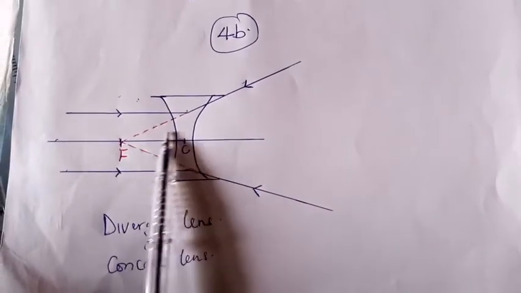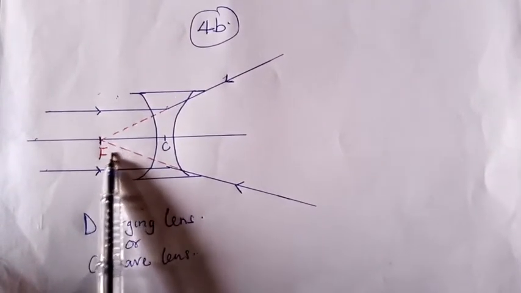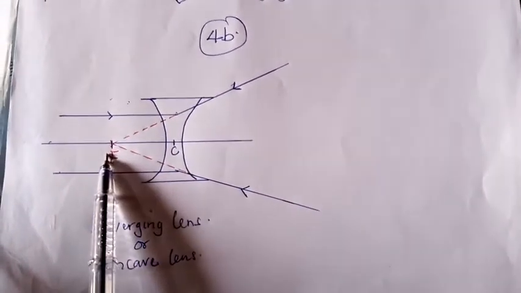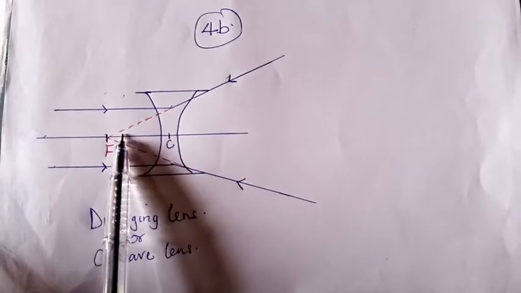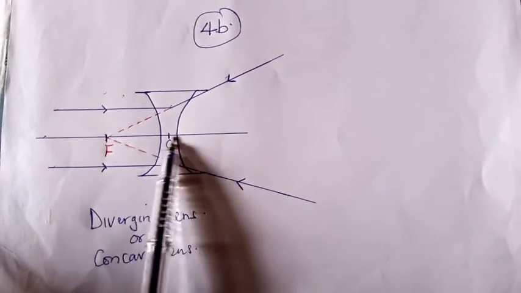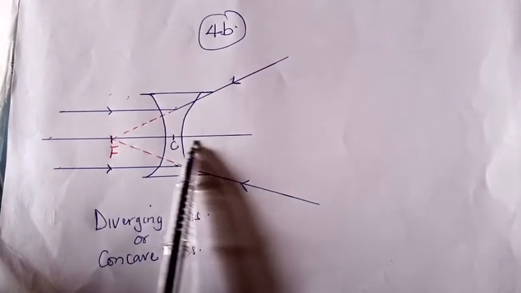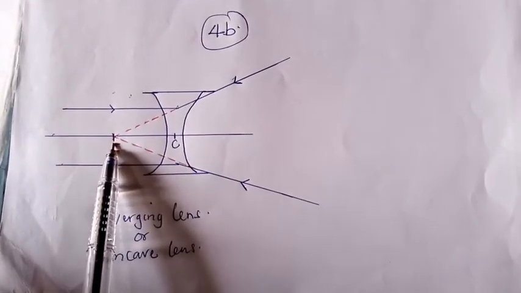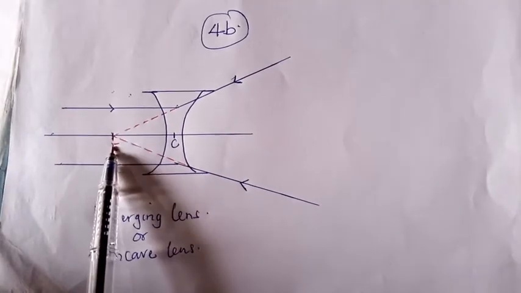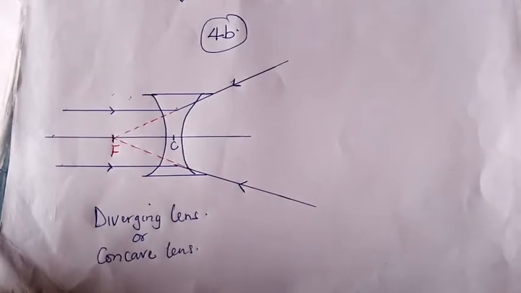This one is a concave lens, and a concave lens has a principal focus which is different from that of a convex lens. The principal focus of a concave lens is defined as the point on the principal axis where all the rays close and parallel to the principal axis appear to diverge after refraction. That is this point, which is called the principal focus of a concave lens or a diverging lens.